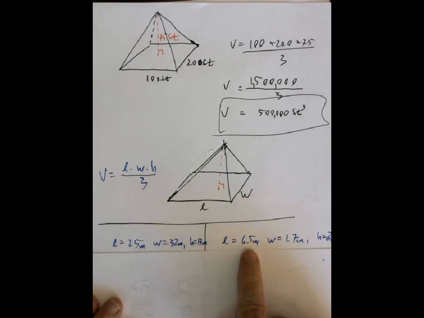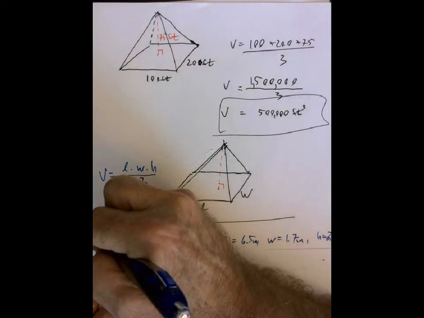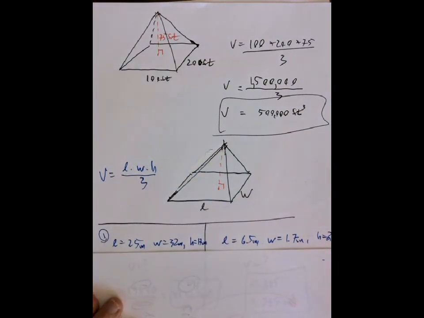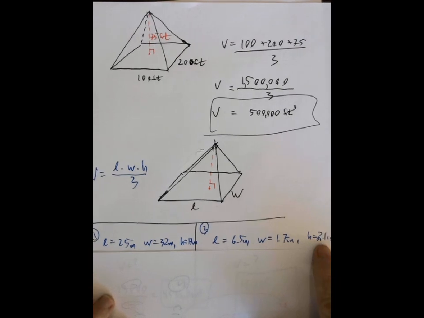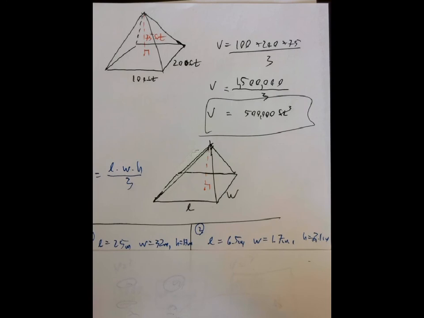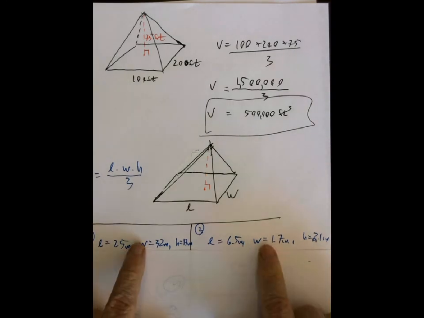Try these examples on your own, number one. And then number two here, what if another one, the length is 6.5 and the width is 1.7 and the height is 2.1? Okay, so these are two different examples. Try both of them.